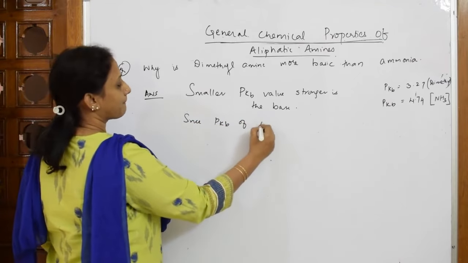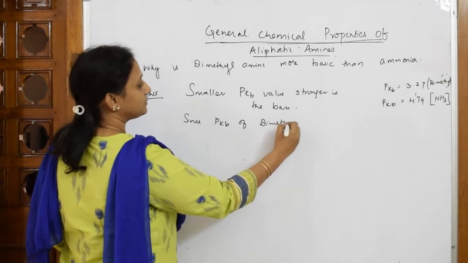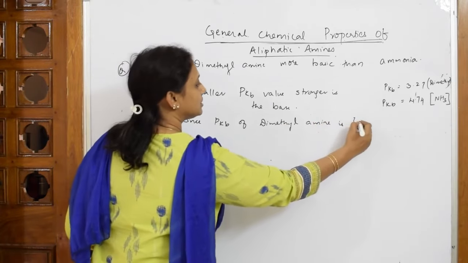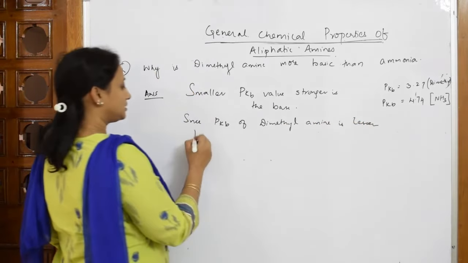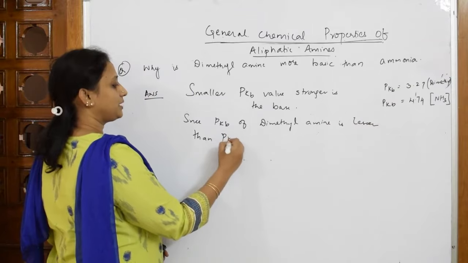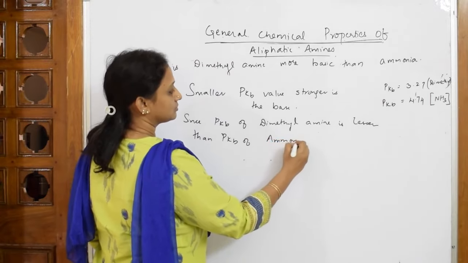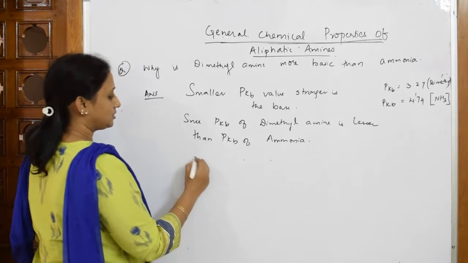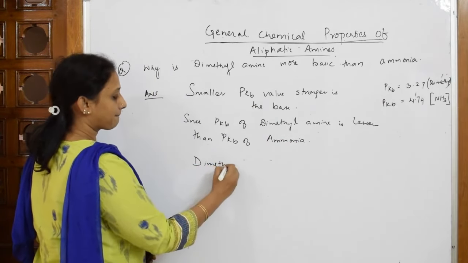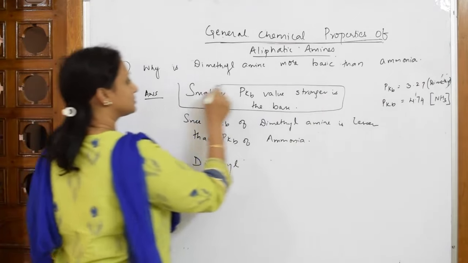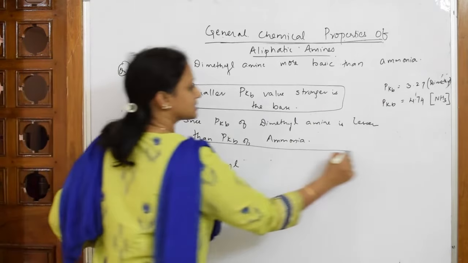Since pKb of dimethylamine is lesser than pKb of ammonia, dimethylamine, okay, let us put this in a first box and make a second box.